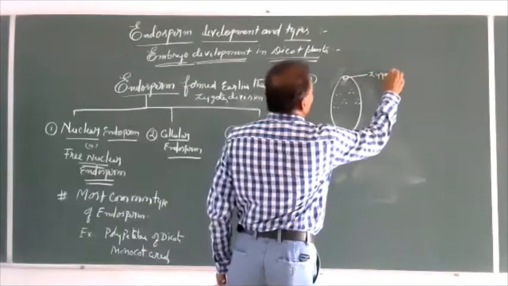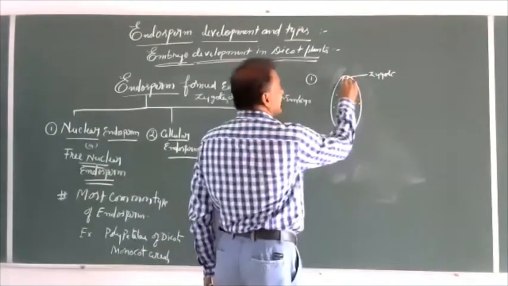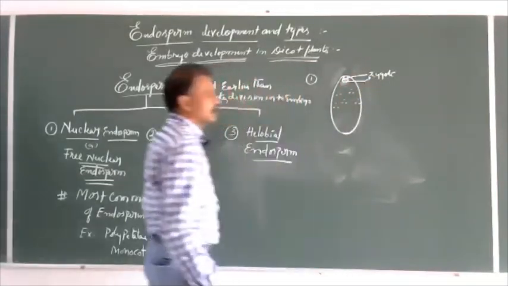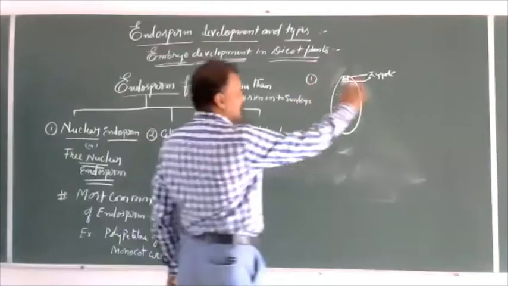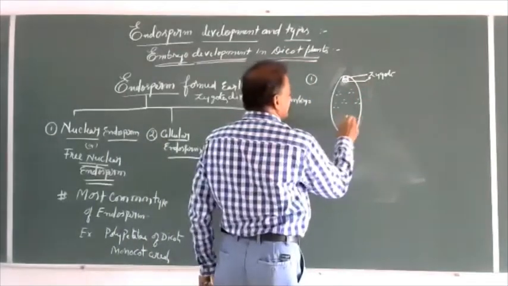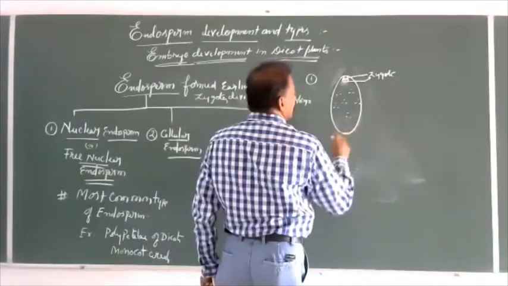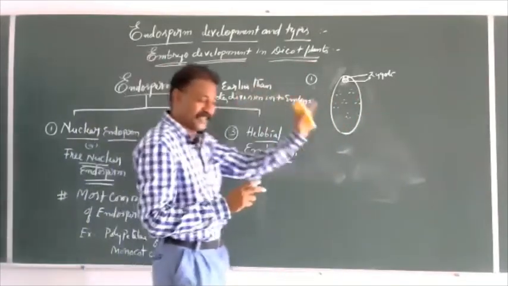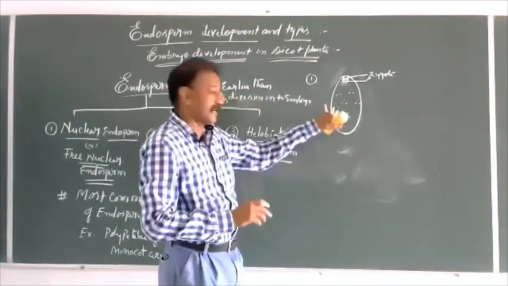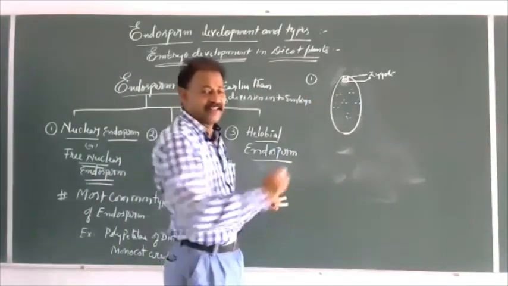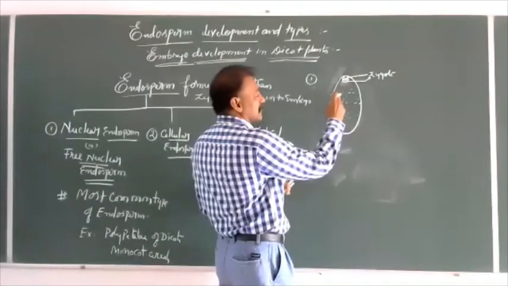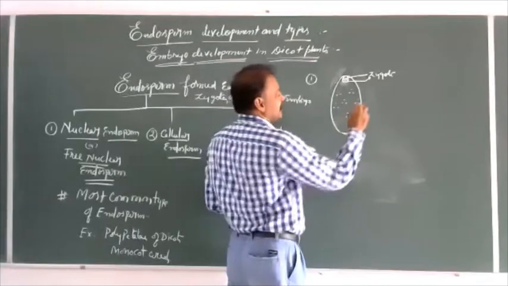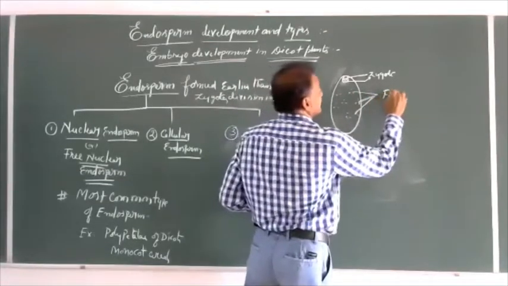It is about to develop, maybe becomes one-celled or two-celled zygote. Here, so many free nuclei. So, primary endosperm nucleus and primary endosperm cell undergoes so many free nuclear divisions.